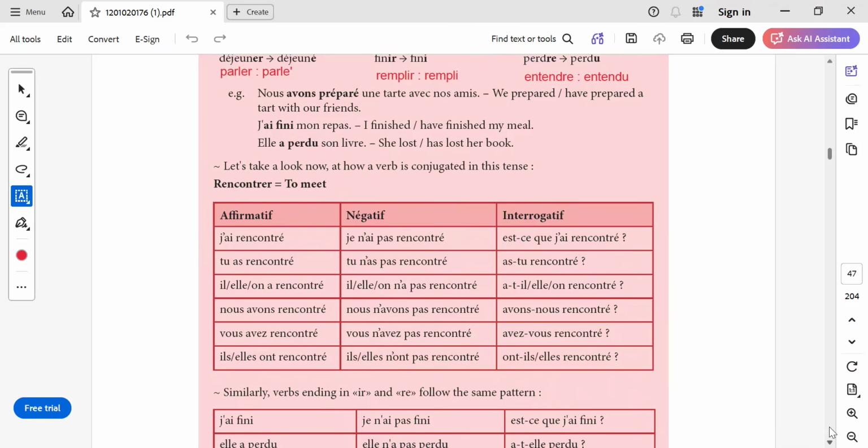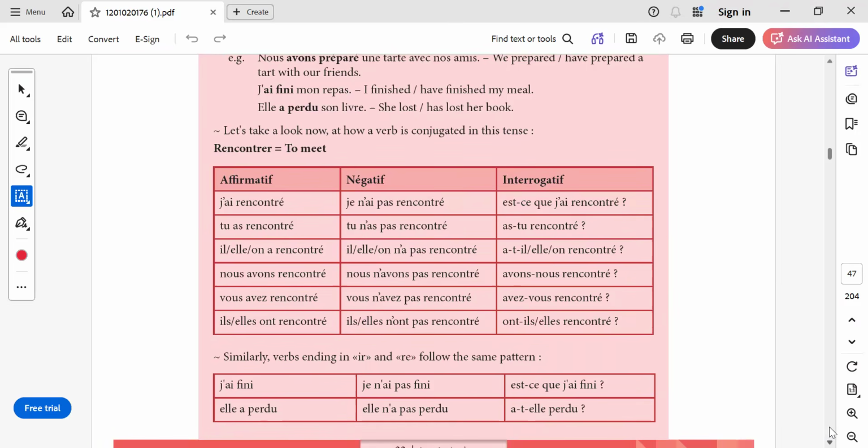For interrogative, as you know, we use inversion, but only for je, we use the est-ce que form to form the question. So it will be est-ce que j'ai rencontré. When we use est-ce que, we don't change the sequence of verb and subject pronoun. So we simply put est-ce que before the subject and we give a question mark at the end. So est-ce que j'ai rencontré?